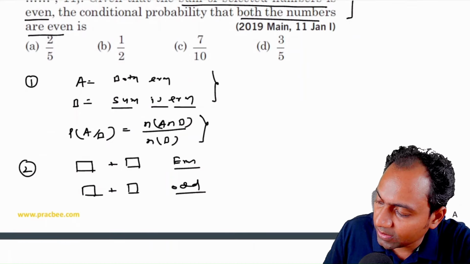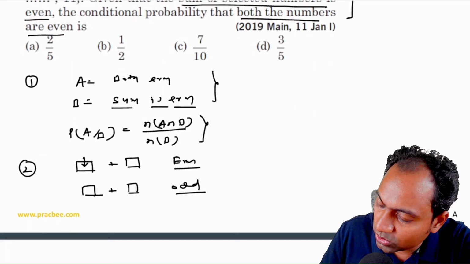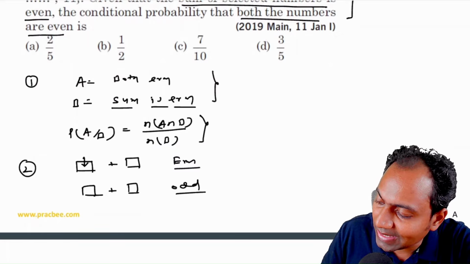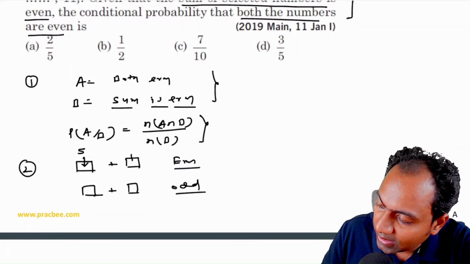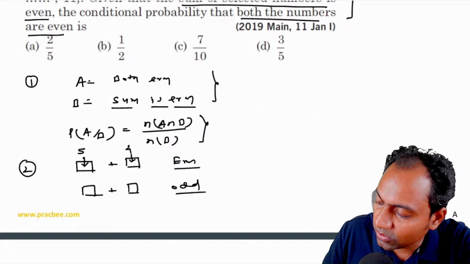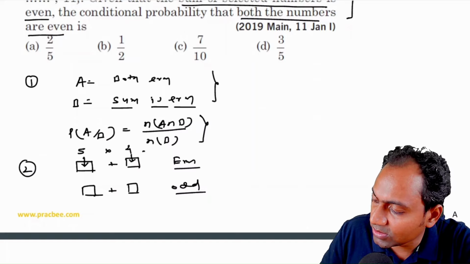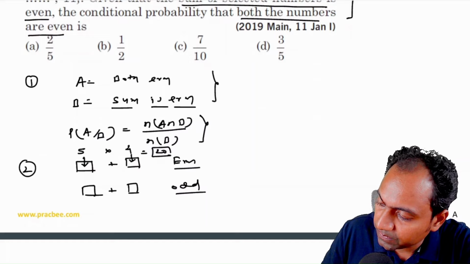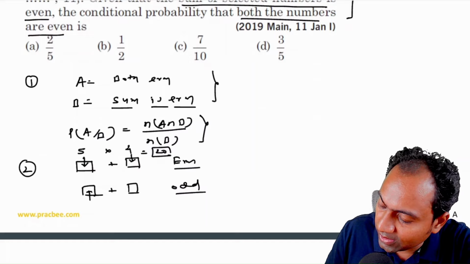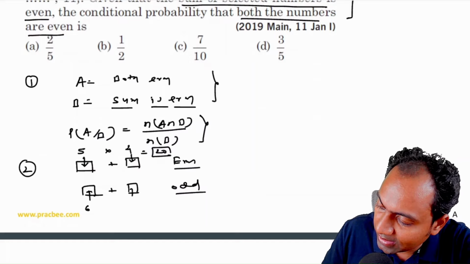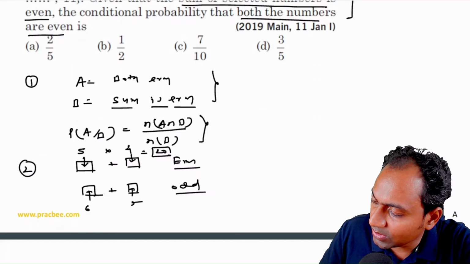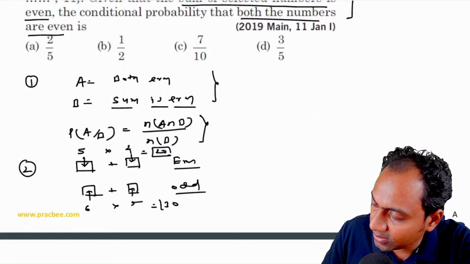This would happen when I fill this first box using 2, 4, 6, 8 and 10. So 5 ways. And this other box using the remaining 4. You can see corresponding to this, the answer comes out to be 20. But for the next one, when they are odd, I can fill this using 6 and this using 5. So you can see that the answer corresponding to this comes out to be nothing but 30.